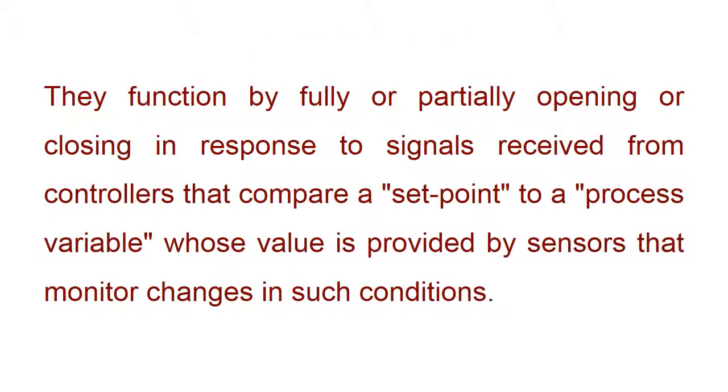They function by fully or partially opening or closing in response to signals received from controllers that compare a set point to a process variable, whose value is provided by sensors that monitor changes in such conditions.